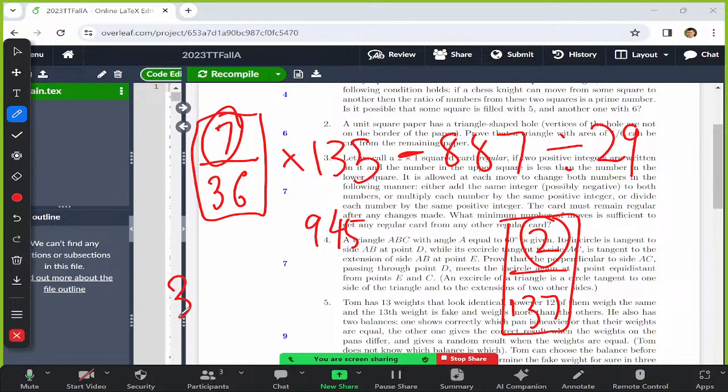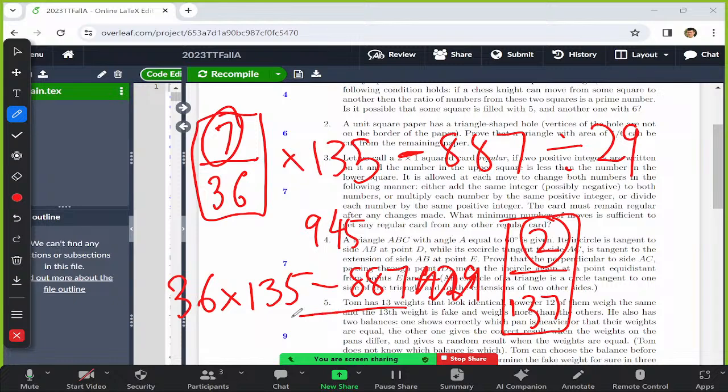So I guess what's 36 times 135 minus 887 divided by 29? Except to make it clear, we write divide by 29 like that, because then we know we've got to do the other operations first.